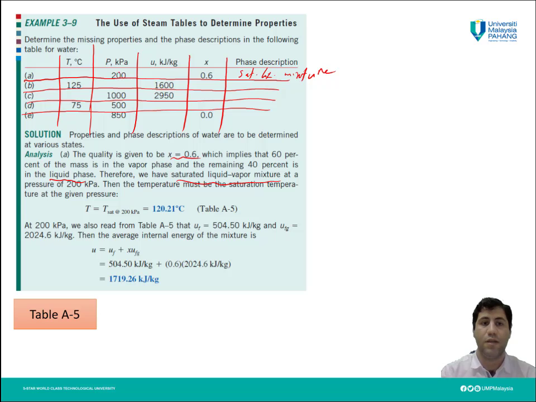And also we know its pressure. So we have saturated liquid vapor mixture with this much pressure. How can we find temperature and U? By this information, we know that the temperature also should be the saturation temperature. We can go to table A5, and we should find the saturation temperature with this pressure.